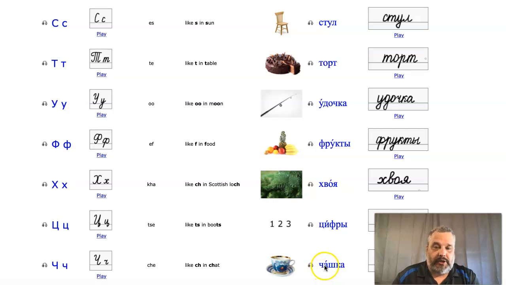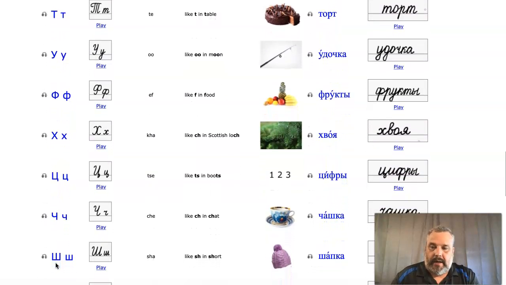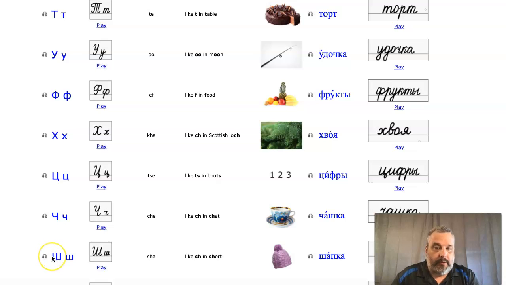So chashka. But anyway, chto, that's a big one, means what. And then you have the next one, which looks like a W, but it's actually sh.